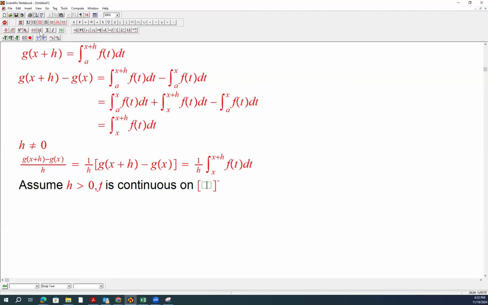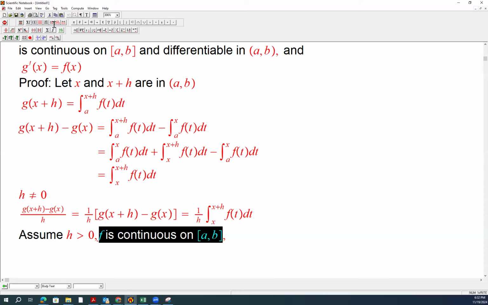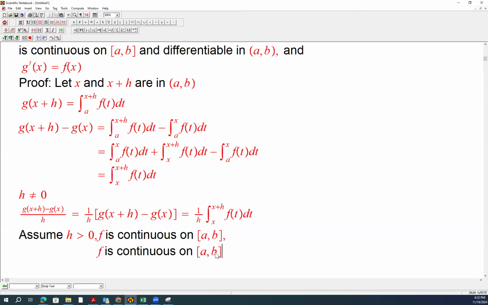If f is continuous on [a, b], and x is chosen inside (a, b), then f is continuous on the interval from x to x plus h. Since we assume h is positive, x plus h is larger than x, so this is a meaningful interval.